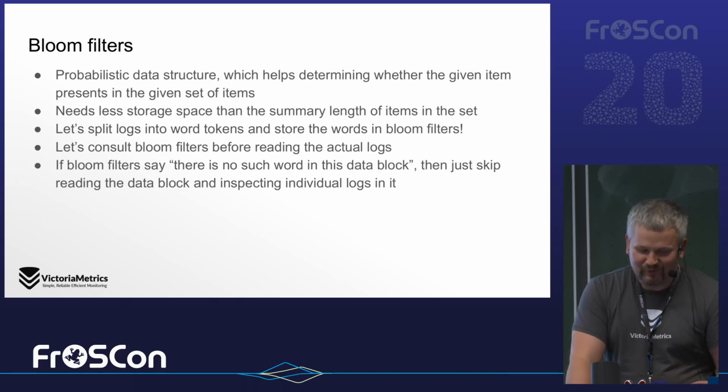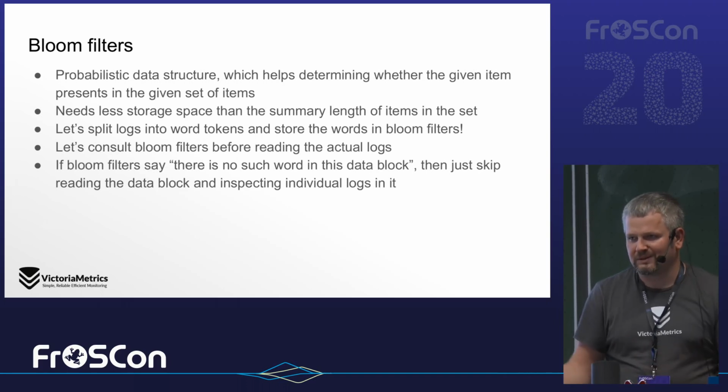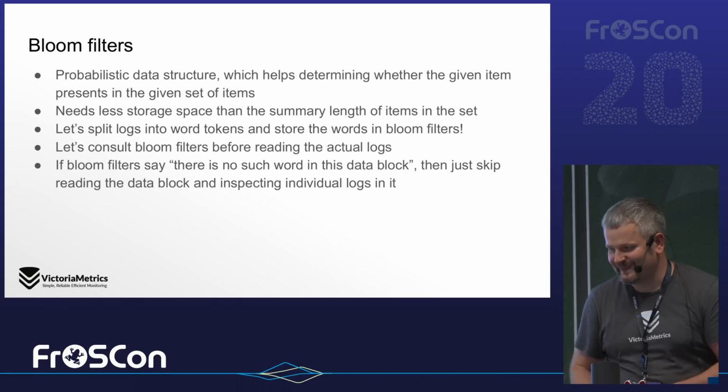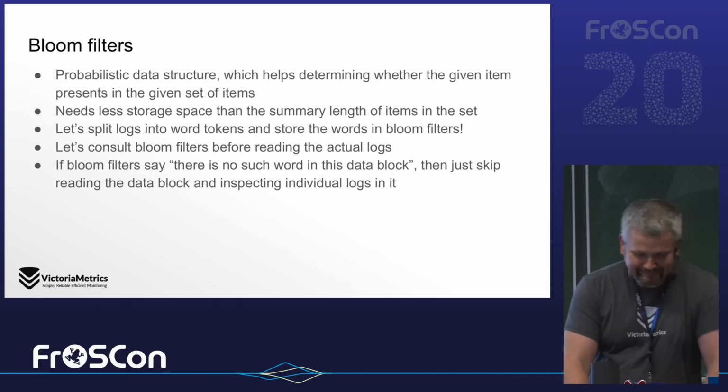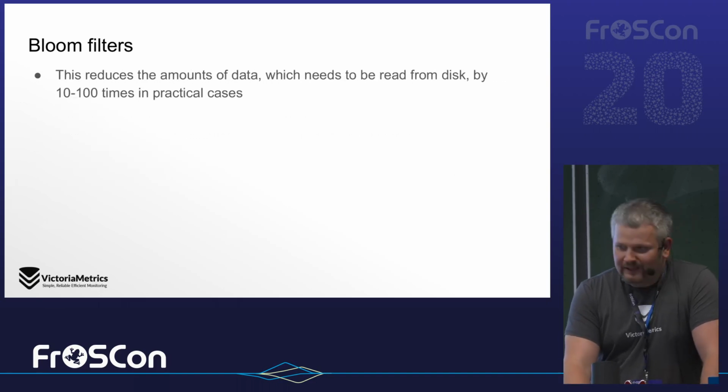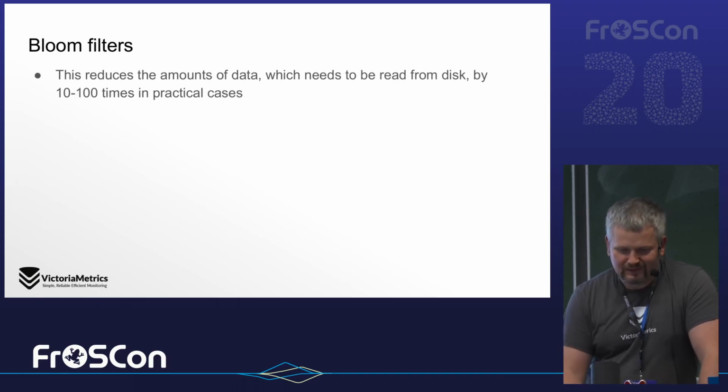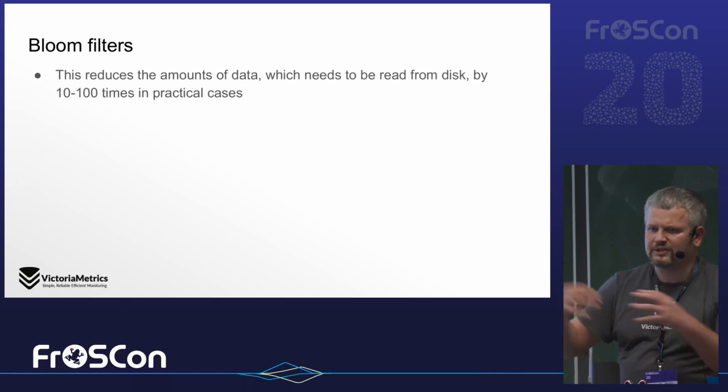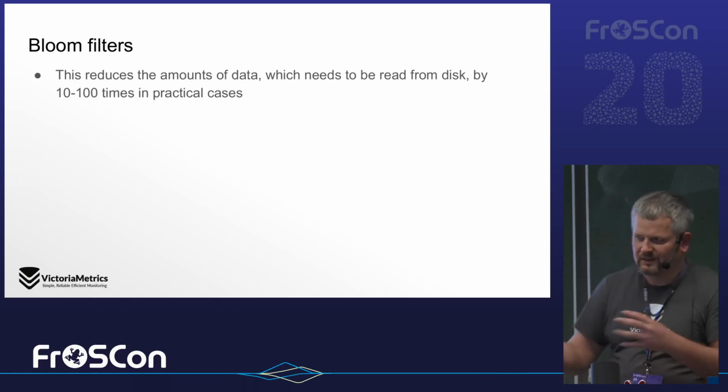Okay, so if Bloom filters say that there are no such words in the data block, then we can skip reading this data block and save time. In typical cases, the size of Bloom filters is from 10 to 100 times smaller compared to the original data in compressed form.